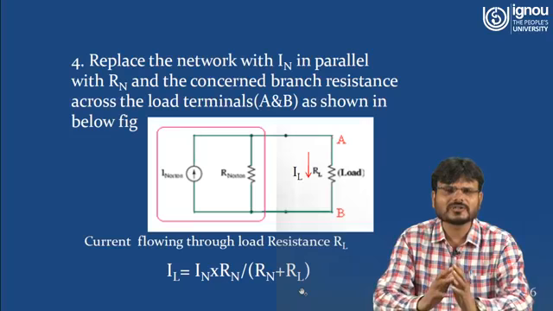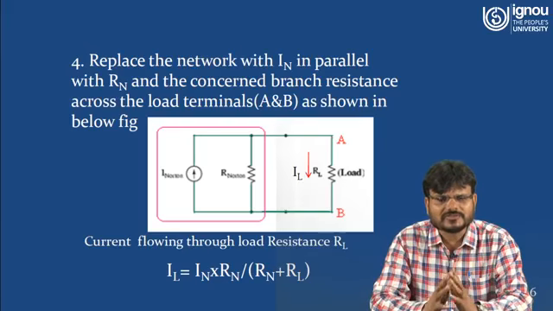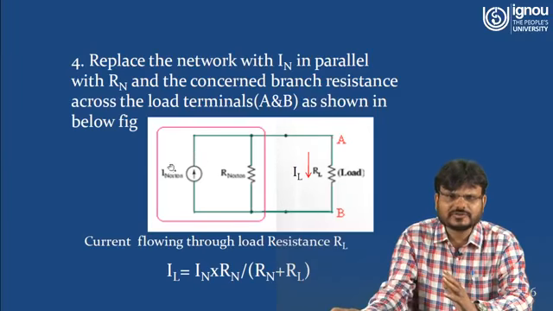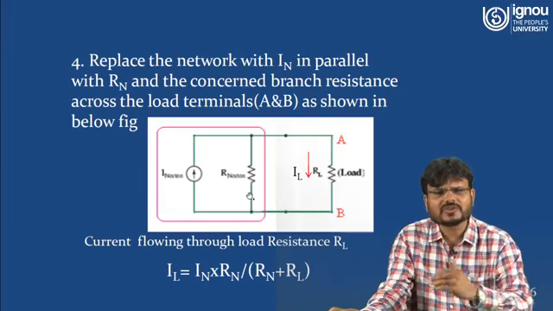So what does Norton's theorem state? Norton's theorem states that any two terminal bilateral active network can be replaced by a simple Norton current source in parallel with the Norton equivalent resistance. And what is the Norton current?